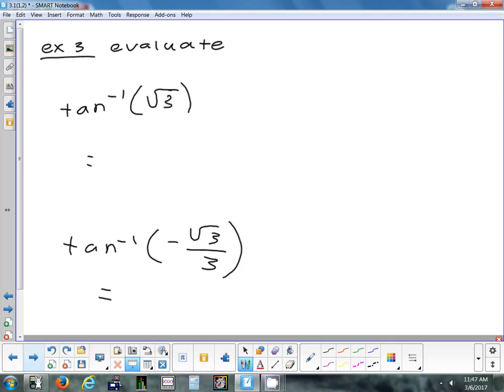Just as a reminder, can somebody remind me, what do I have to be between this time? I'm not 0 to 180 anymore. Negative 90 to 90. What's different about that versus sine? It won't equal, right? It'll be undefined at the negative 90 and positive 90. Okay, so what's the inverse tangent of square root 3?